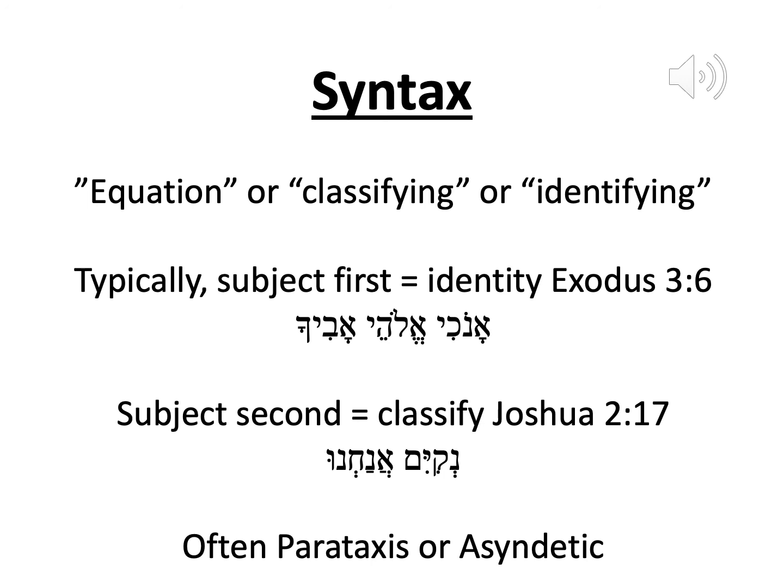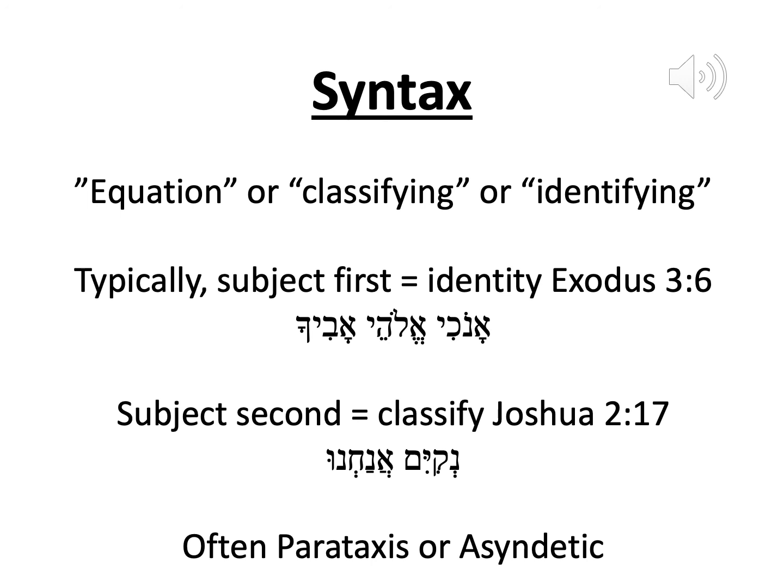In Joshua 2:17, though, the subject comes second, and it's classification, not identification. This is the class of anachnu. We are nekiyim. We are innocent. But again, not an identity. Not all innocent people are we, but classification, we are in the category of innocent.